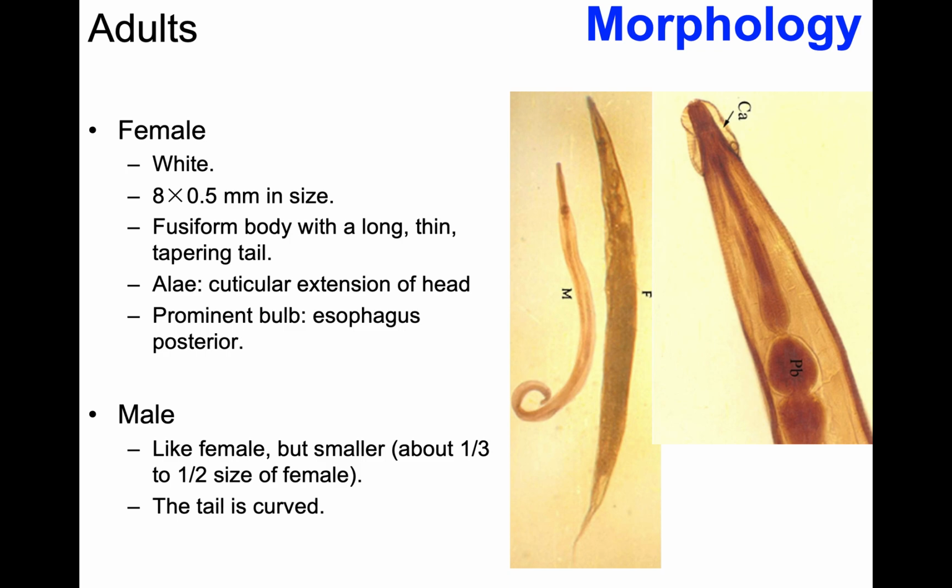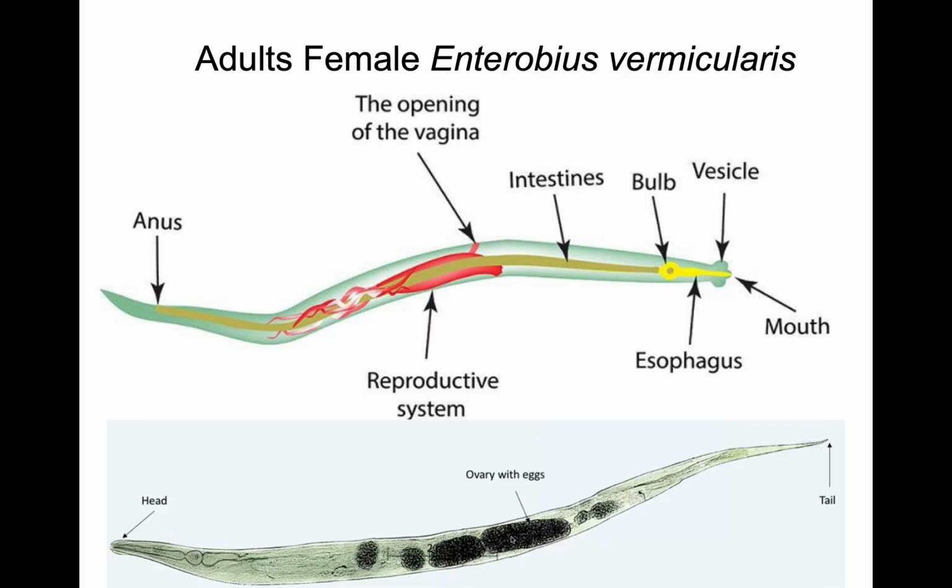Morphology: we can see the female and male size and how large they are. And this is the anatomy for the adults. You can see the anus, and there's a vesicle, the opening of the vagina, and the upper one has the reproductive system.